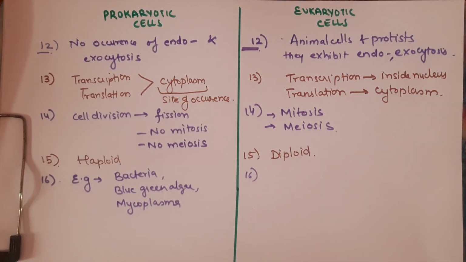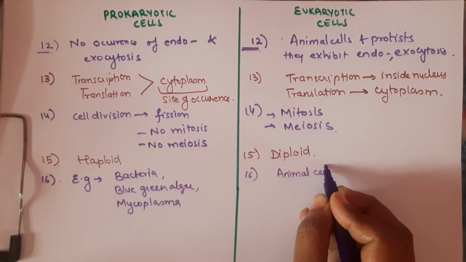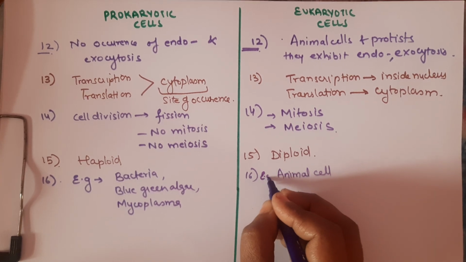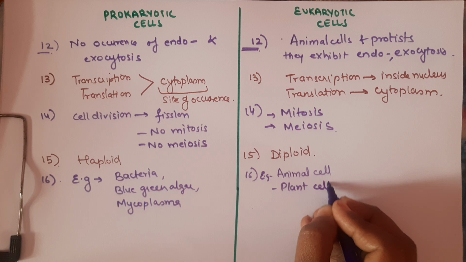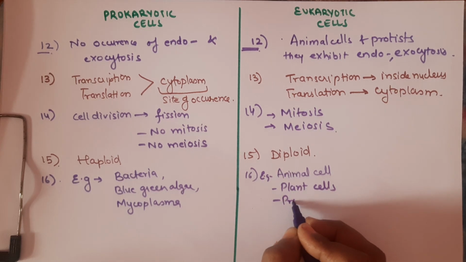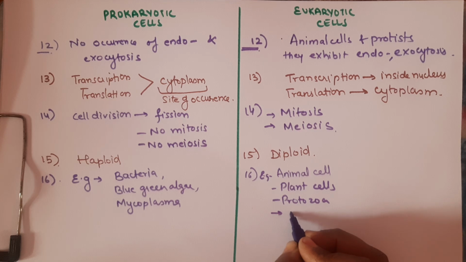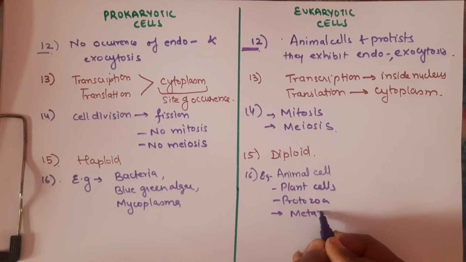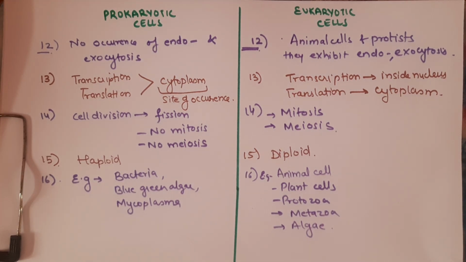Whereas the eukaryotic cell examples are animal cells, plant cells, protozoa, metazoa, and algae. So these are the 16 differences between prokaryotic cell and the eukaryotic cell.